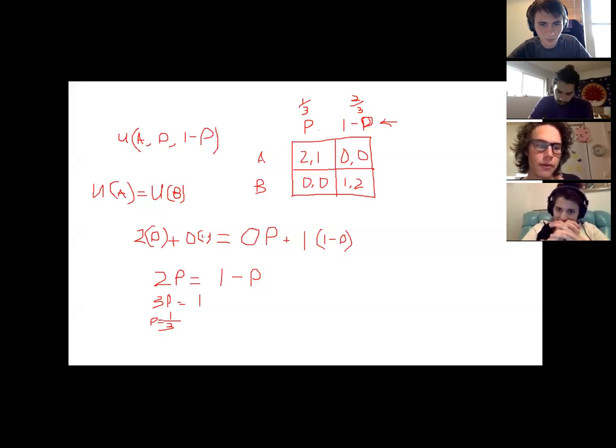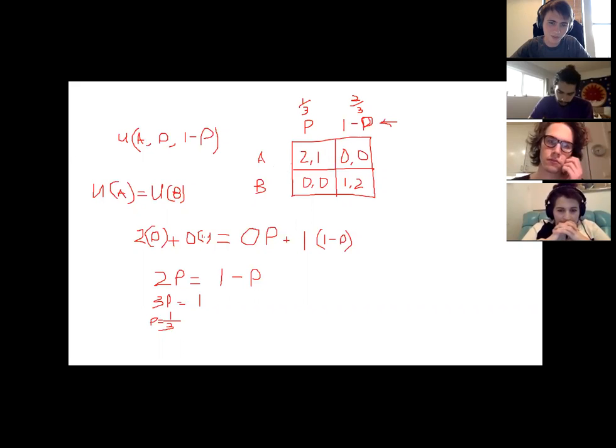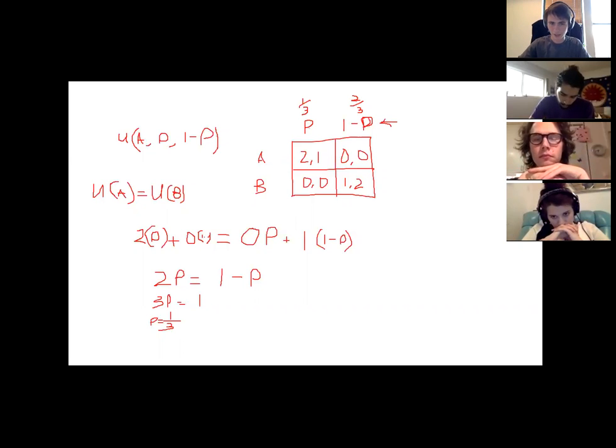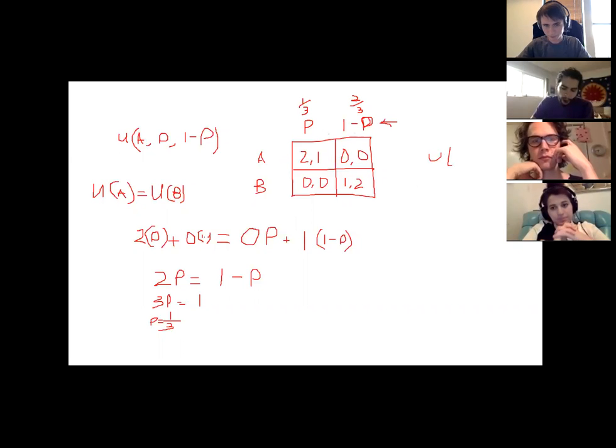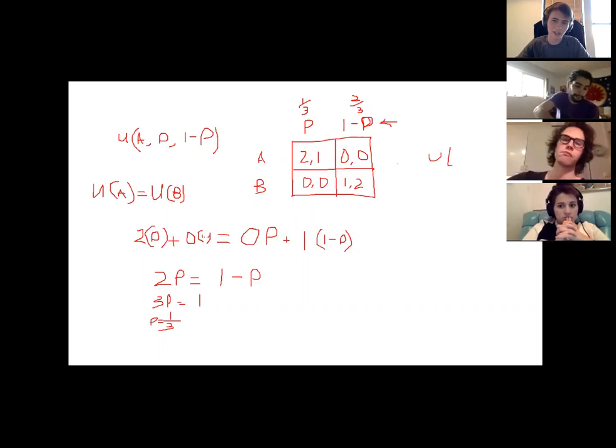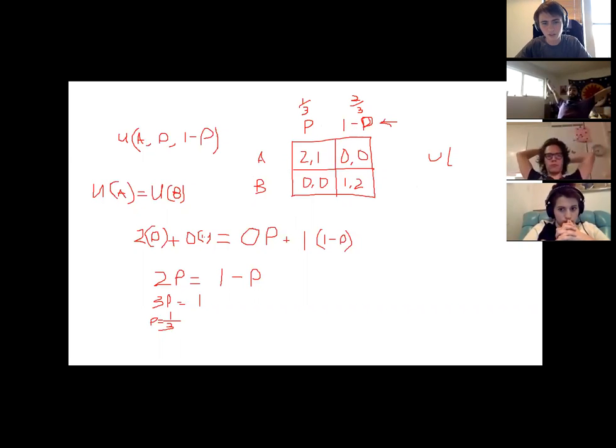And we can then do kind of the same thing for A and B, where we say, okay, the expected utility of this one is going to be equal to the expected utility of that one, solve for everything, and then come out with what is actually going to be the same, because this is a symmetric game.